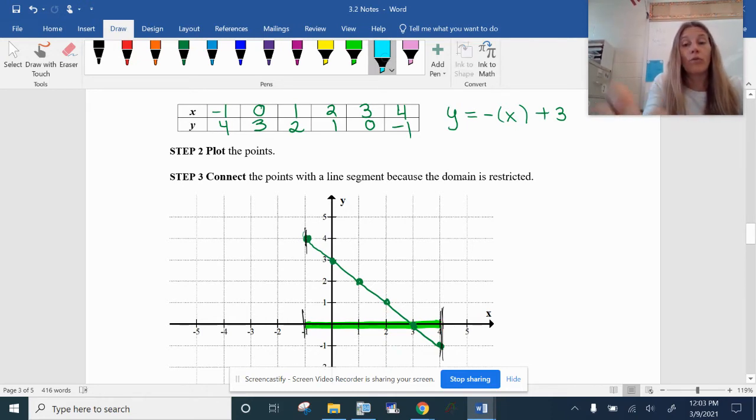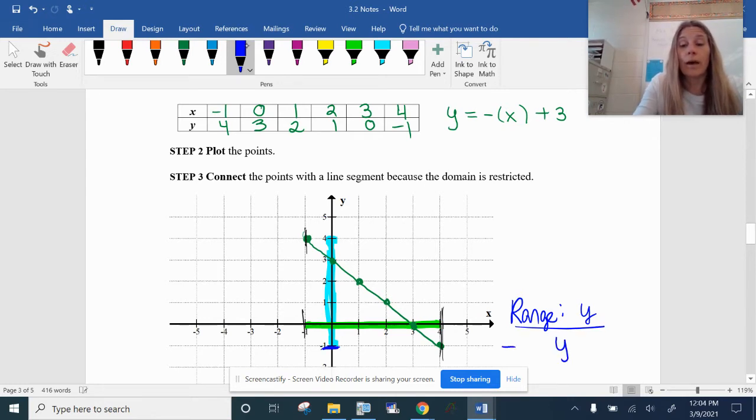But let's look at the range. So the range would be your y. So it goes down here, and all the way up to here, there's some y values using these. So that would mean that my range in this case, which is my y values, right? The y's are between the bottom or the lower value here of -1 and the higher value here of 4.